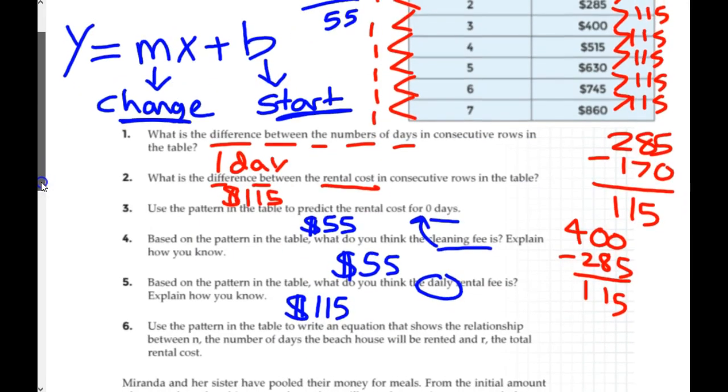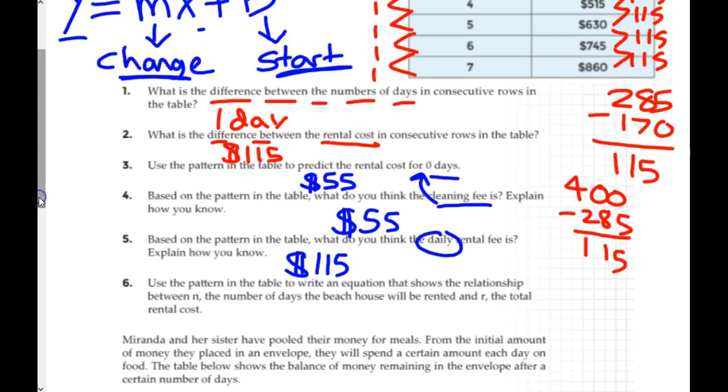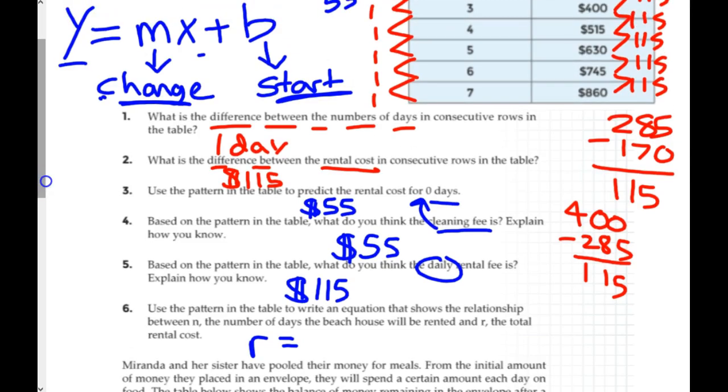So instead of using y and x, we got to use these other letters. We're going to use r for the total rental cost. So r equals, and then my change. What was my change here each time? 115. So r equals 115. Instead of x, I'm going to use number of days.